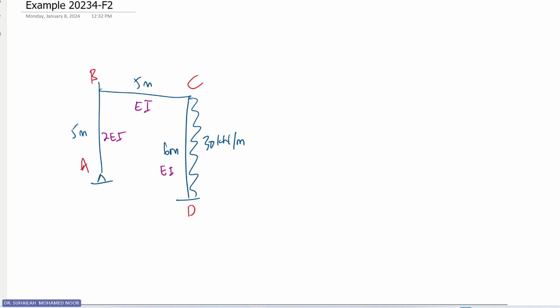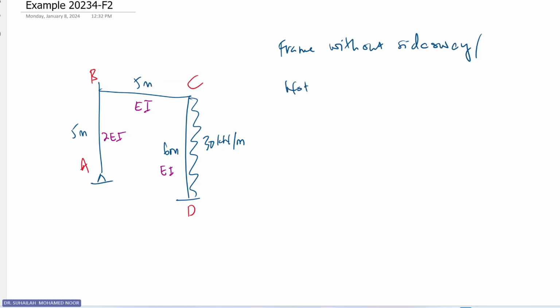Looking at this frame, the frame is not symmetry due to geometry and due to loading, because a frame without side sway, or no side sway frame, or non-sway frame, must meet certain conditions.